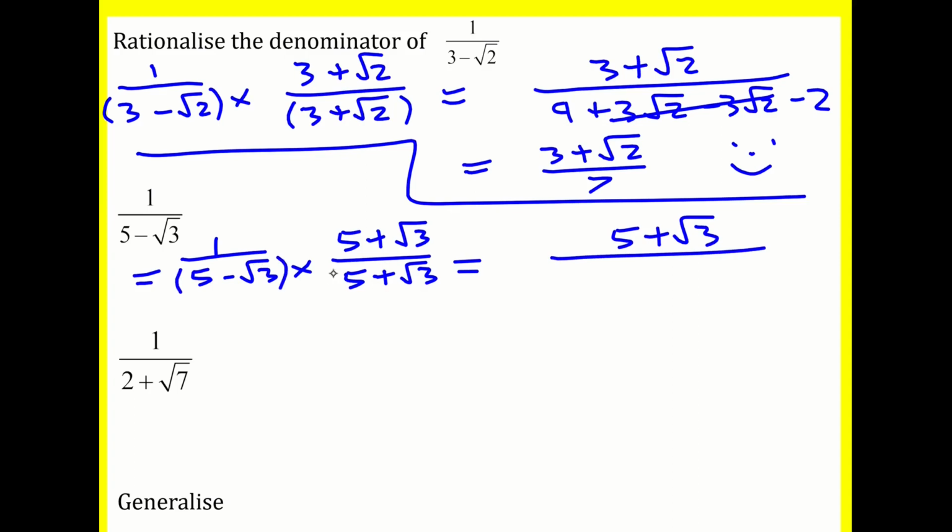Okay, don't be afraid to put brackets around it to help you do that. So I'm going to get 25. And then plus 5 root 3 minus 5 root 3. So actually, I don't even need to put it in. I can just basically square the 5 and then subtract the 3. And that's going to leave me with 5 plus root 3 all over 22.